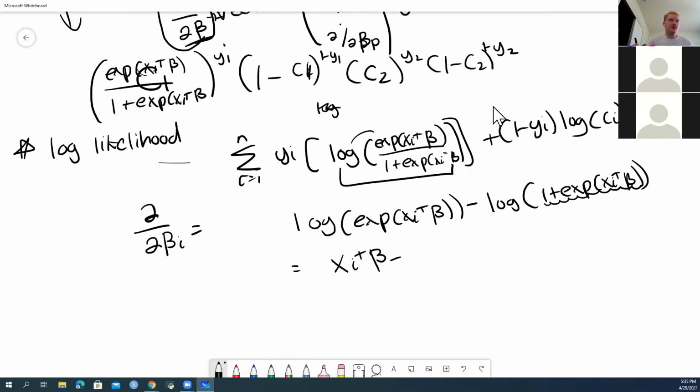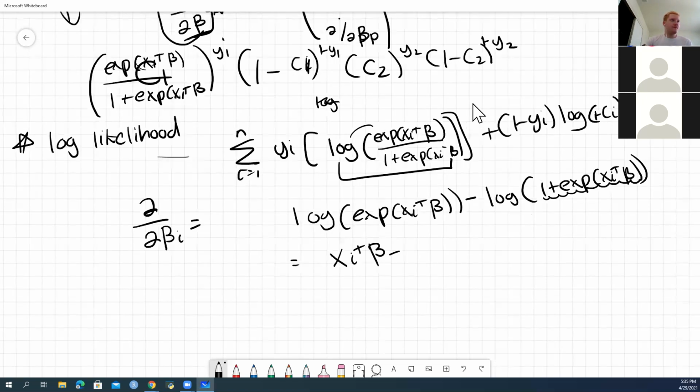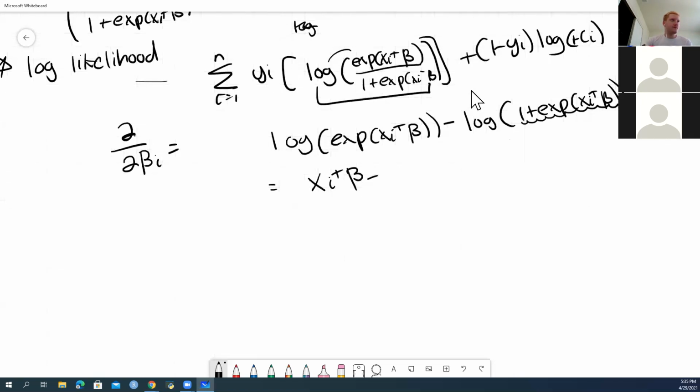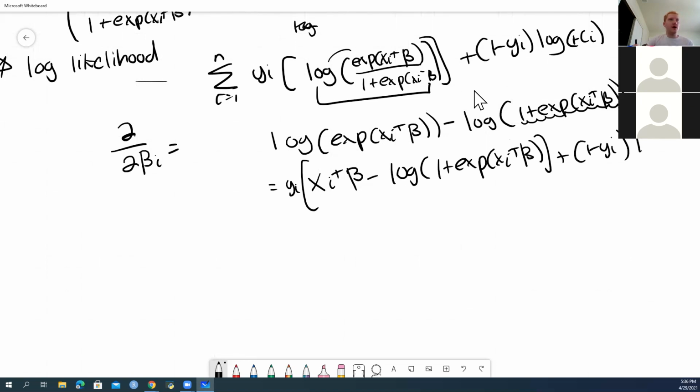So this is 1 minus ci. You also could say this is yi times this minus log, and just see what happens, plus 1 minus yi log of 1 minus what I had before.